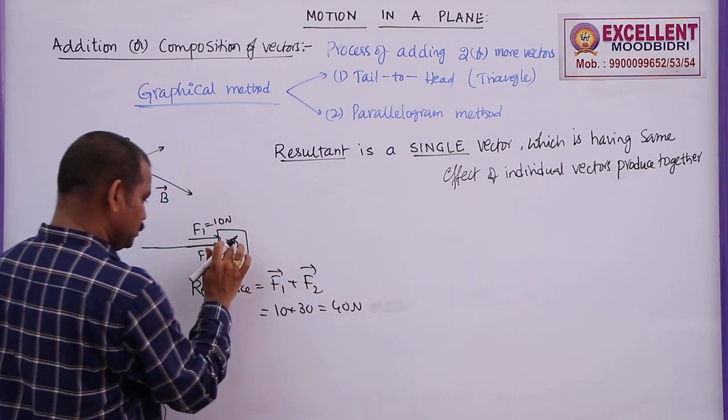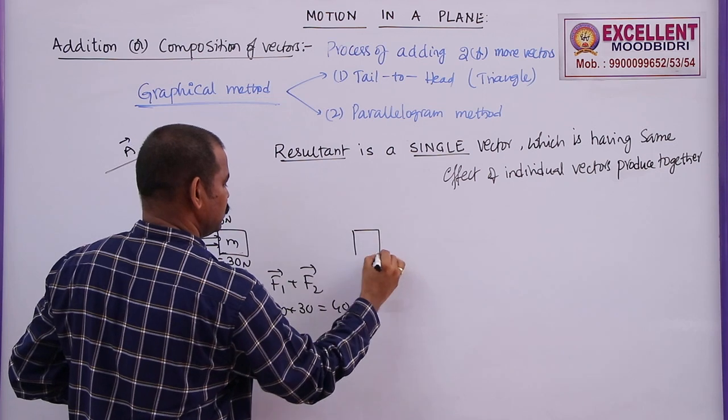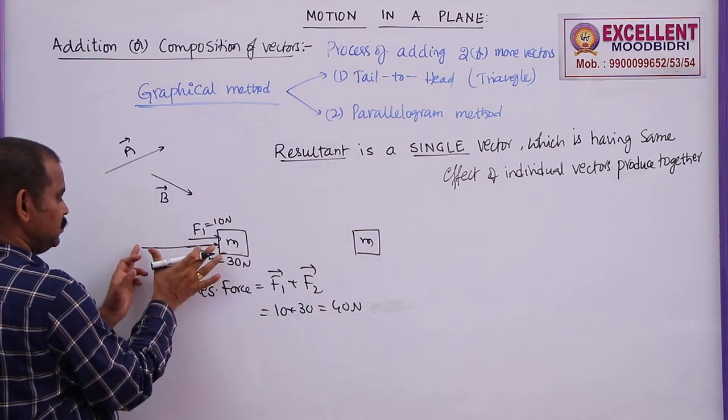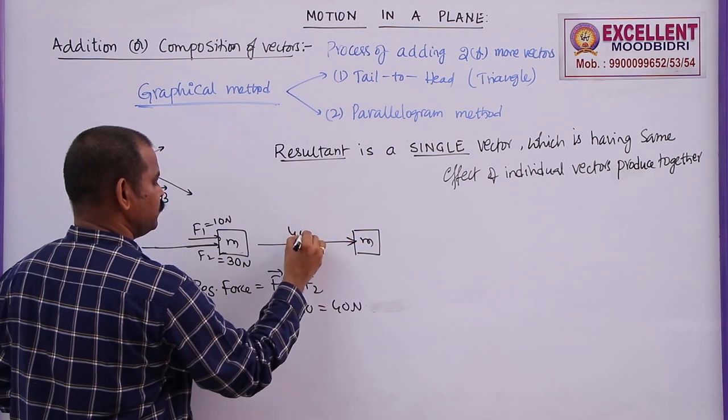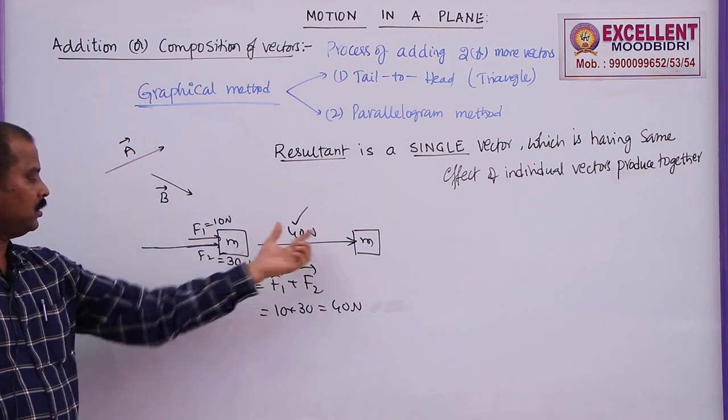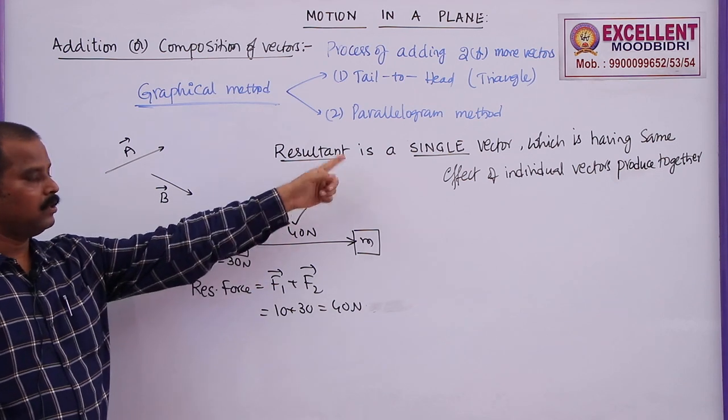Now, instead of this diagram, I can draw the same body of mass m. This is 30 plus 10, so I need to draw a bigger line here. This is 40 newtons. This is called the resultant of these two. So, what is the resultant of two vectors?